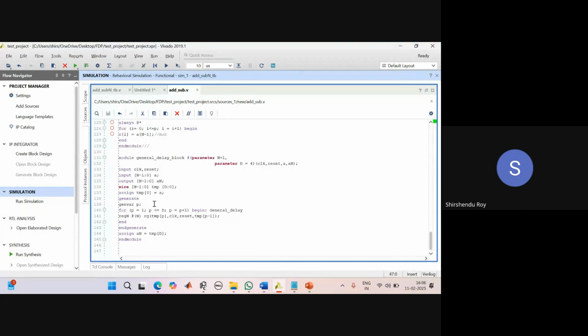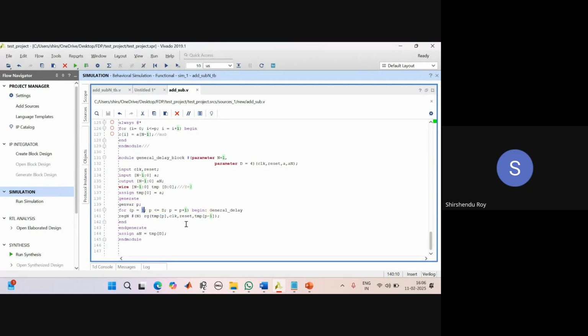So initially I have taken a 2D wire here. Each wire has a width of n bits and varies from d to 0. So total d plus 1 number of temp registers there. So here initially the temp 0. Which side is input? This side is the input and this side is the output.